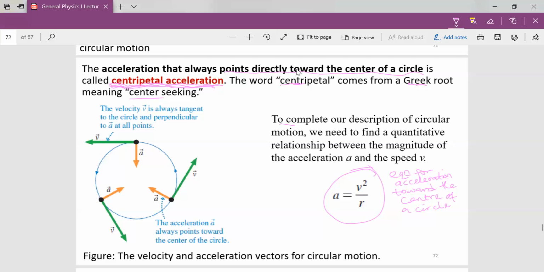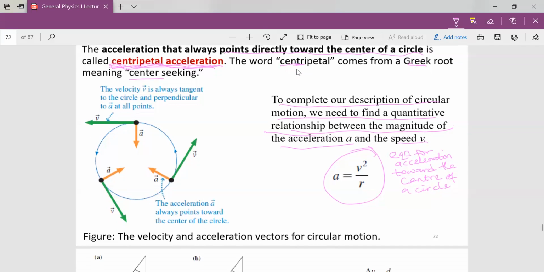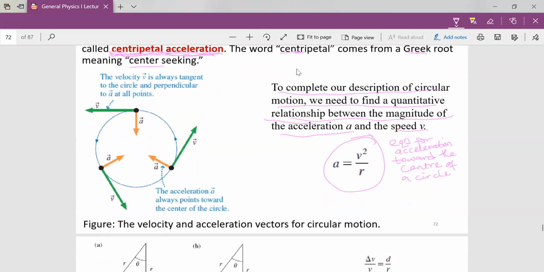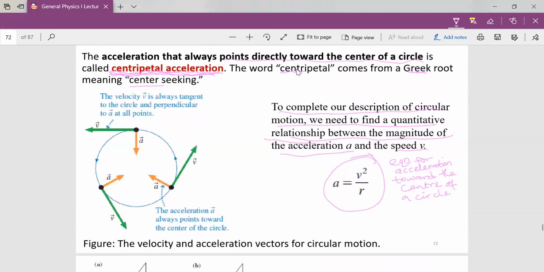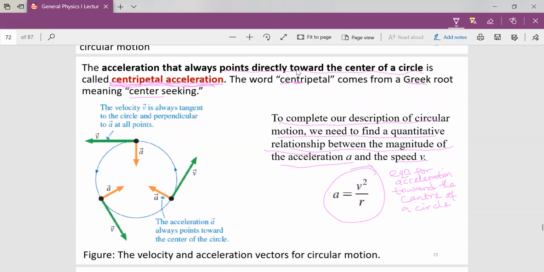So to complete our discussion, we're just going to look at how we can find a quantitative relationship of this magnitude of acceleration to speed, which is established by this. How did we arrive at this? That is deriving this equation from our understanding of the circular motion, the v, and the acceleration pointing to the center.